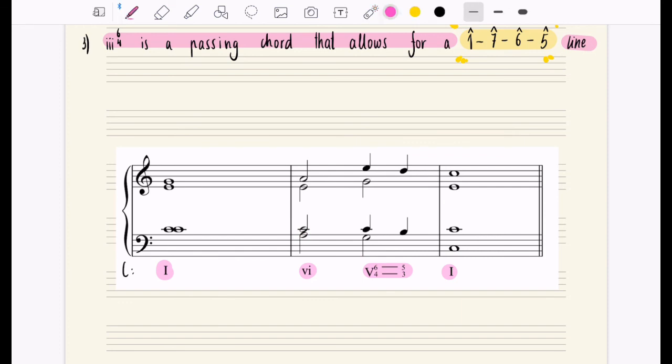Now what we can do is we can actually have a note in between that C and that A. So we can have a stepwise bass line.